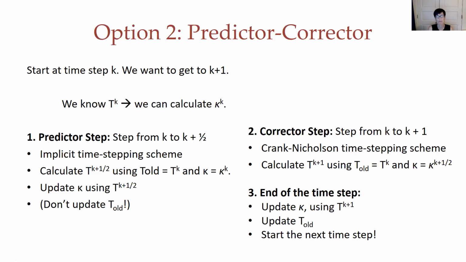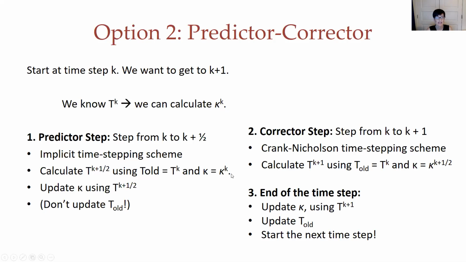All right. And you know that it can be more or less accurate depending on different things. I'm not going to get into the reasons why you use a different one here from there, but numerically it works and you would find the references and move on. Okay, so you use an implicit time stepping scheme. You calculate the temperature at time step k+1/2 using your previous temperature and your previous thermal conductivity from your previous time step.